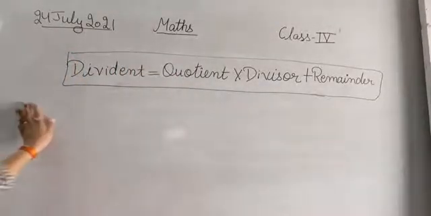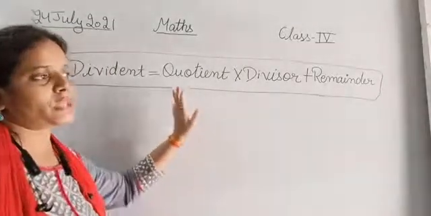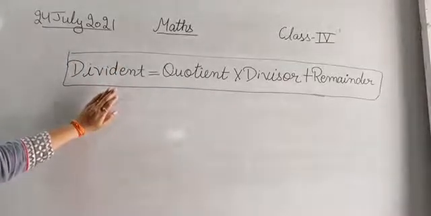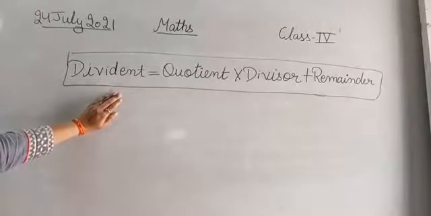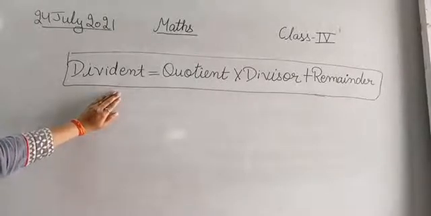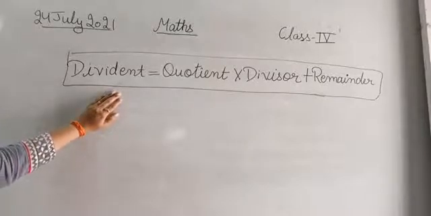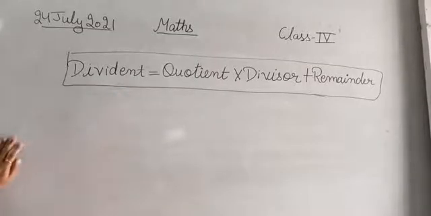This formula is also used for checking the division, whether your answer is correct or not. We use this formula for checking the answer. You have to write this formula in your notebooks as well, so kindly note it down.